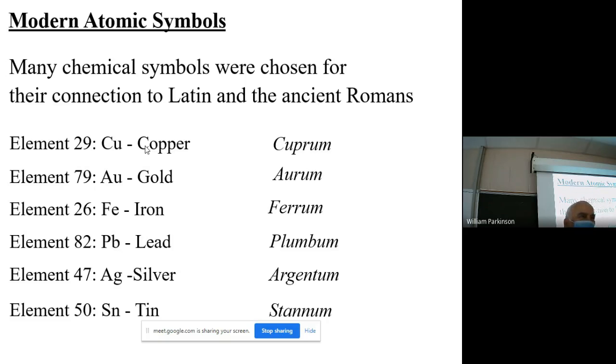So plumbum, much like gold, can be easily shaped. As a matter of fact, I told you early on that they tried to transmute lead into gold because lead seemed just like gold. It was really heavy and dense, and you could pound it out and make it into shapes really easy, just like you could do with gold. It just didn't look pretty and shiny.